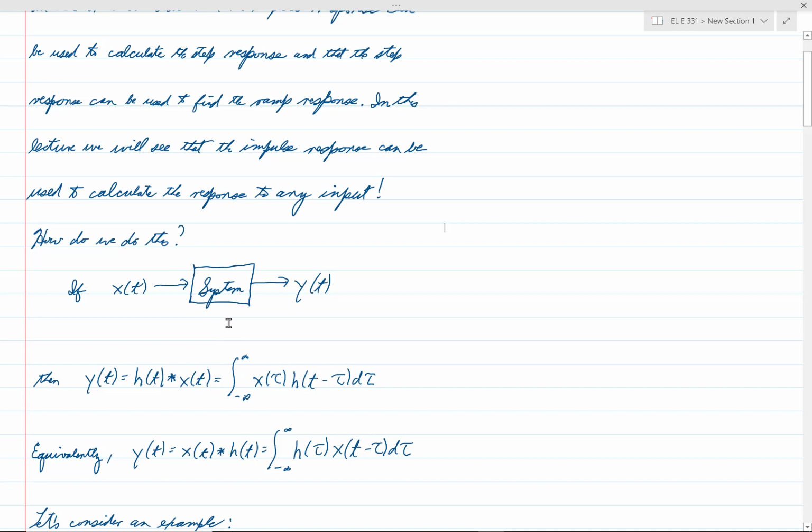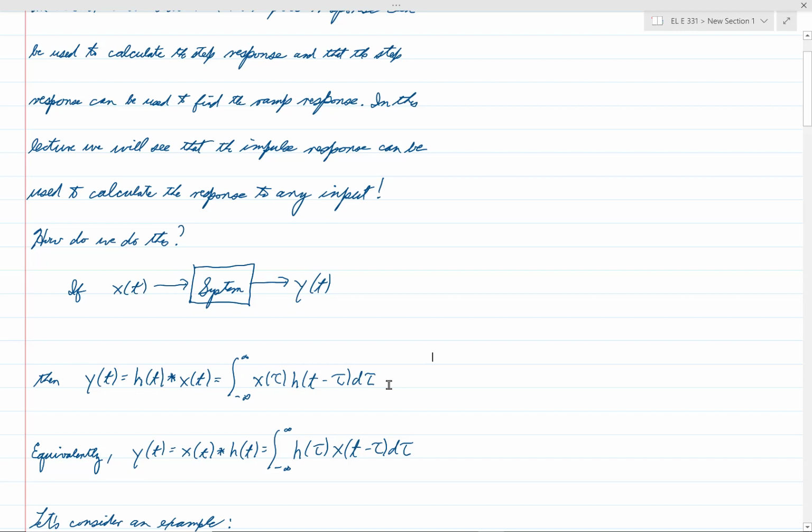Well, then, what we're learning today is that y of t, the output, is equal to h convolved with x. This asterisk here means we're convolving these 2 signals. What does that mean? That means we integrate from negative infinity to infinity x of tau, h of t minus tau, d tau.